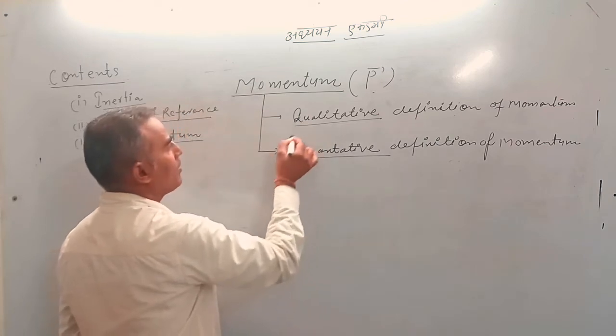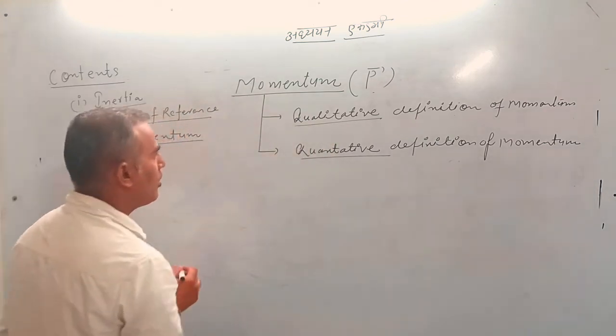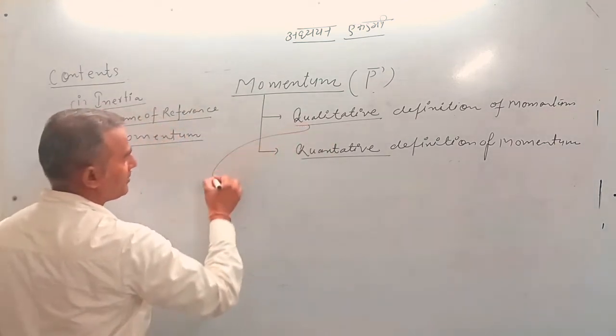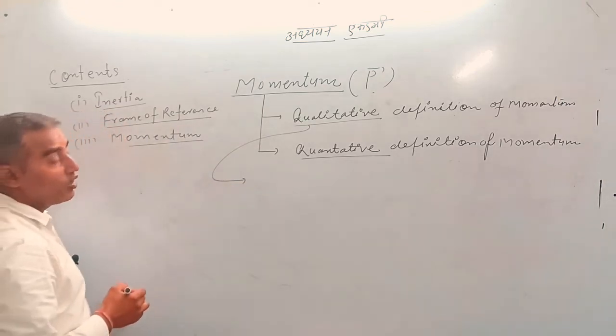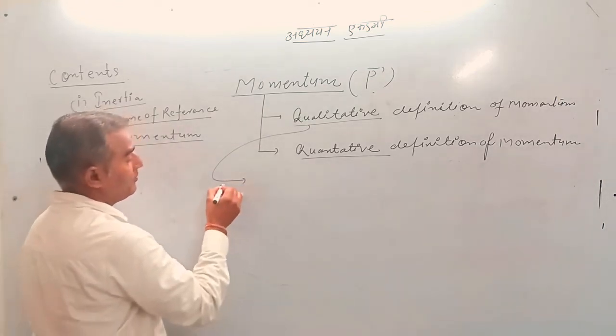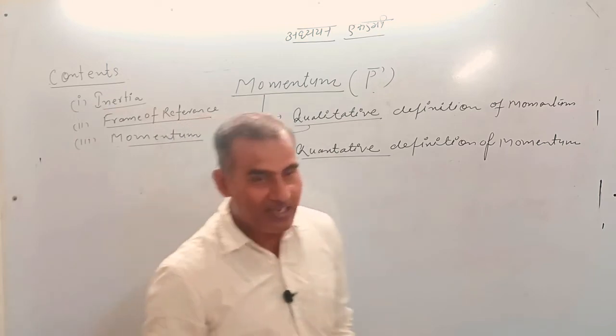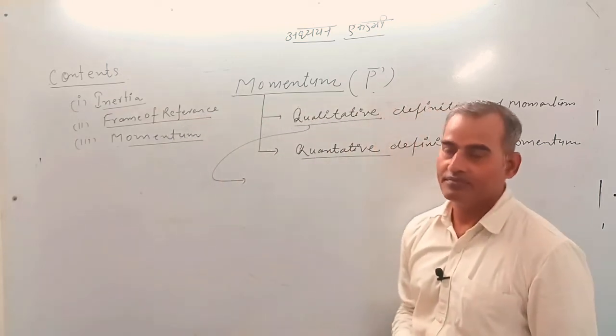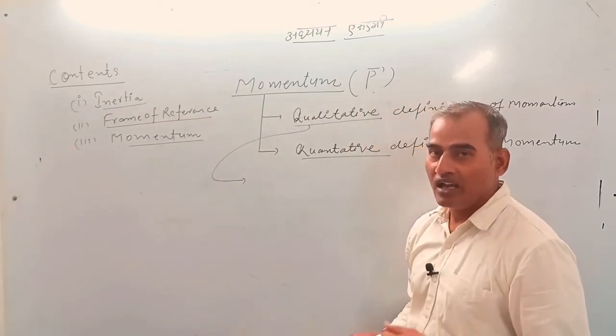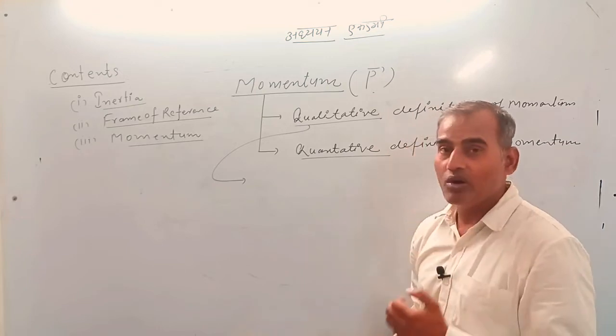Qualitative: if you want to define it qualitatively, basically, momentum is the characteristic of a moving body.